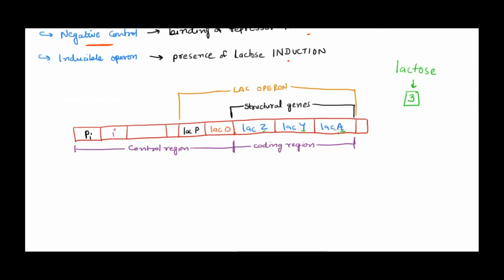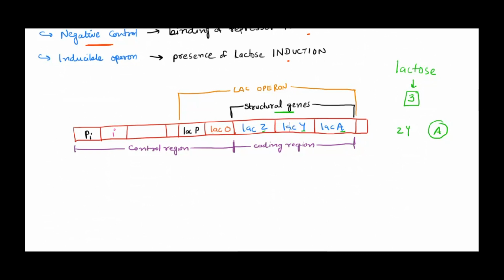How I used to remember this as A, Y, and Z: the first alphabet is A, so the first gene is A, and then the last 2 alphabets, Y and Z. So it is A, Y, and Z.